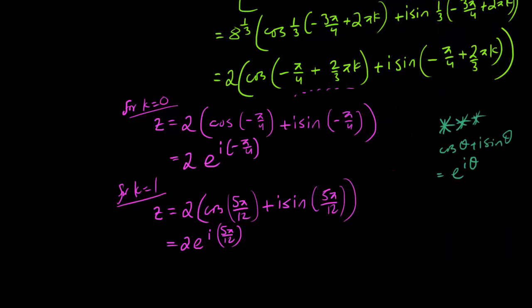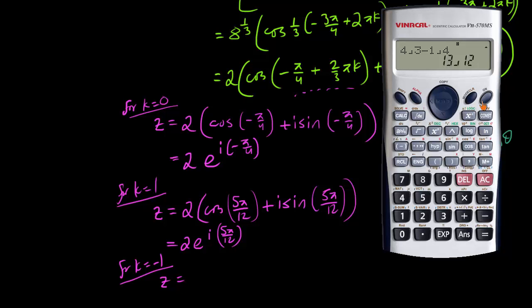Let's move on to k equals to minus 1. For k equals to minus 1, let's check whether this works or not. It might not work. So it would be minus 2 by 3 pi. Minus 1 by 4 minus 2 by 3 is minus 11 by 12. It works.